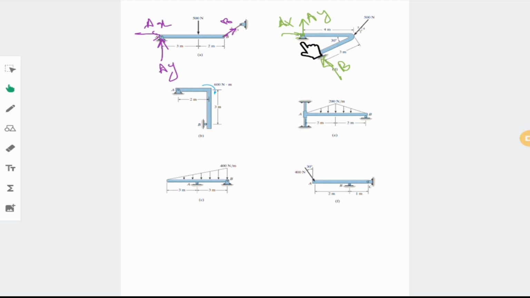The same reasoning for this: you would have one Ay and one Ax at point A, and B is not letting us go toward the left or right, and that's why I put one single force over there.